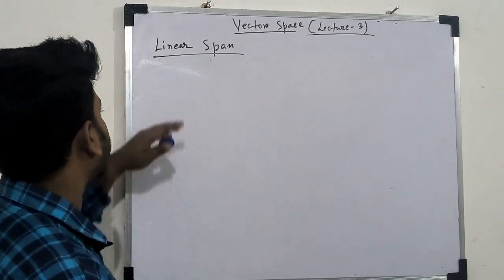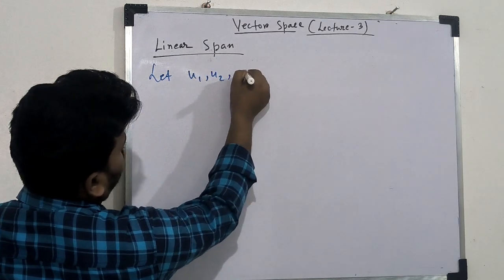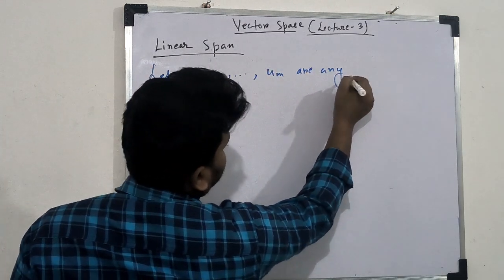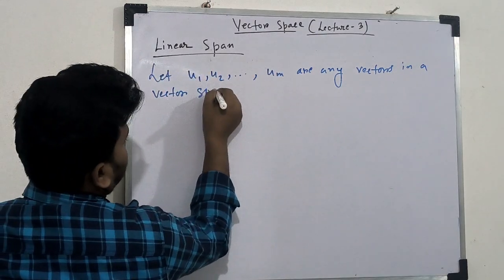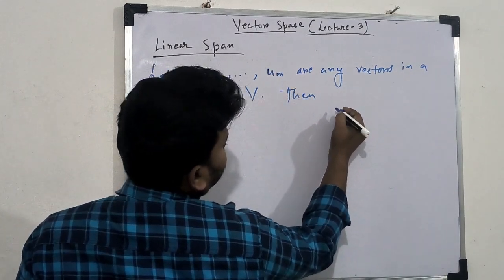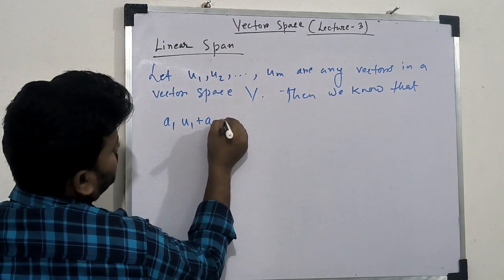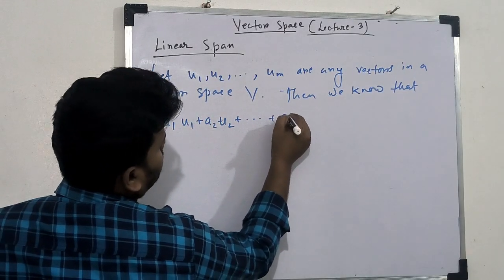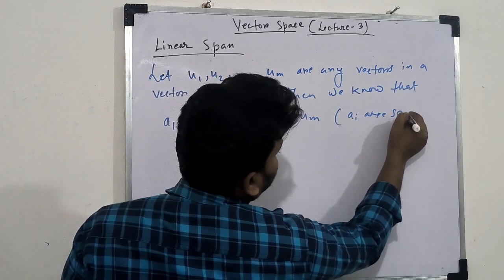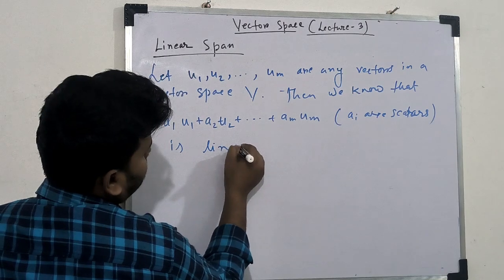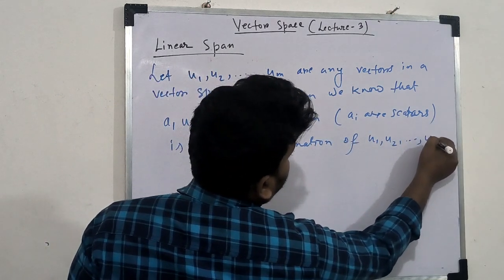So today I'll discuss linear span. Let u1, u2, ..., um be any vectors in a vector space V. Then we know that a1 u1 + a2 u2 + ... + am um, where the ai are scalars, is a linear combination of the vectors u1, u2, ..., um.